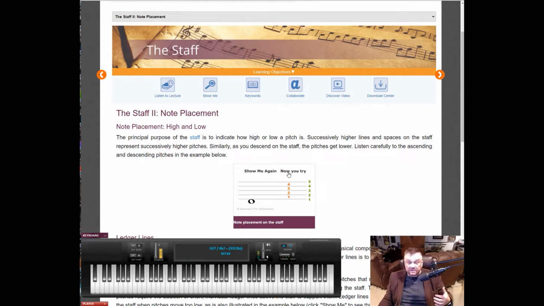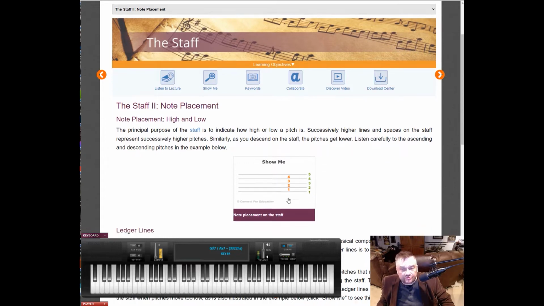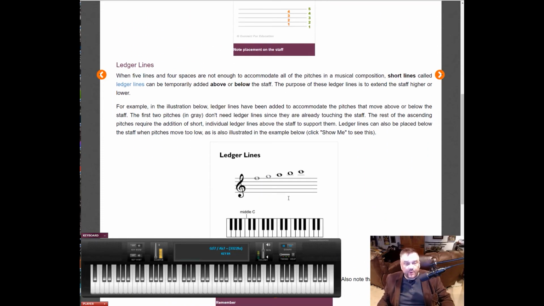But on the musical staff, you have bottom to top. Okay, so just be aware of that. It is something you should be aware of.